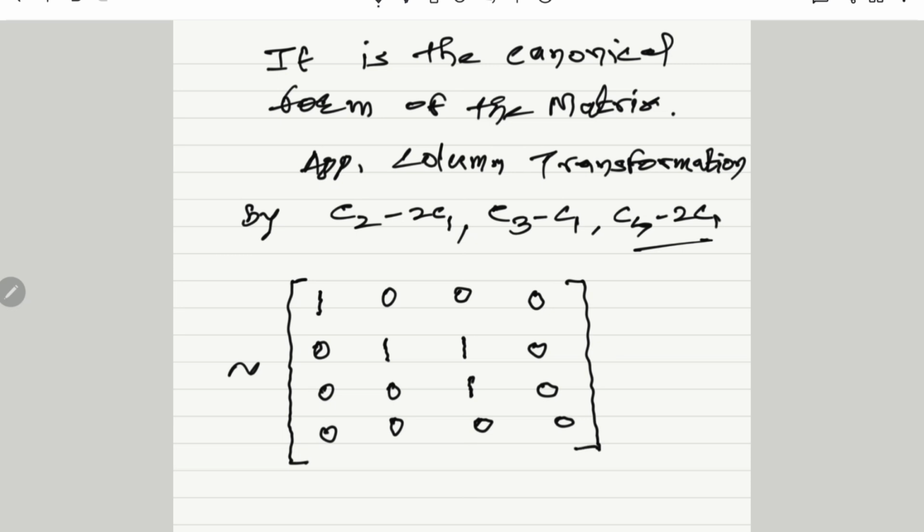Then, using second diagonal element this 1, we have to convert this 1 to 0. Therefore, the transformation becomes C3 minus C2.